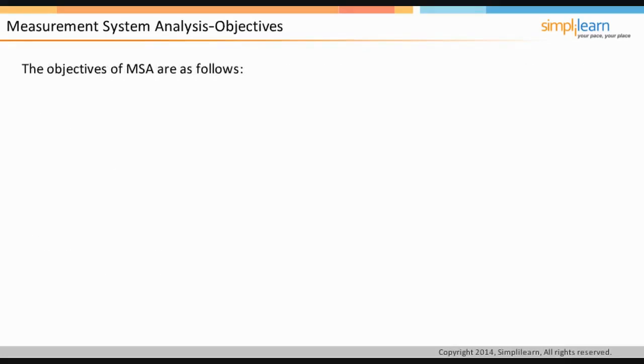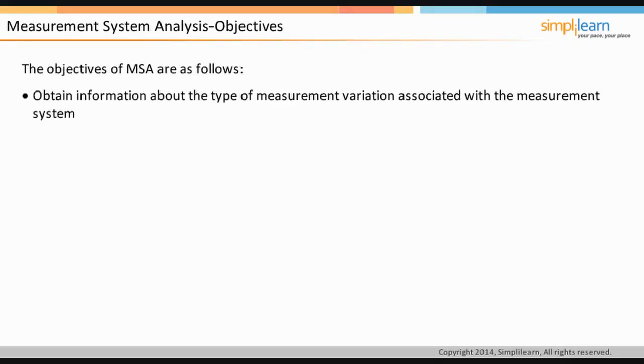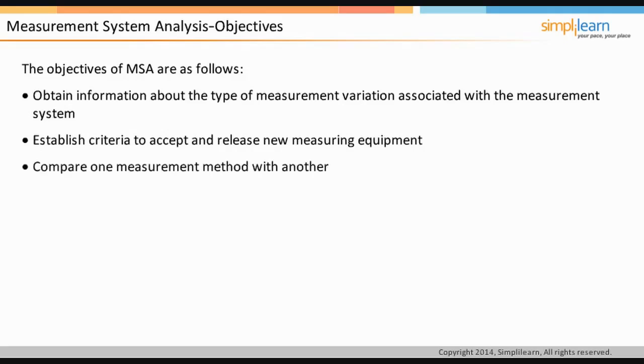A primary objective of MSA is to obtain information about the type of measurement variation associated with the measurement system. It is also used to establish criteria to accept and release new measuring equipment. MSA also compares one measuring method against another. It helps to form a basis for evaluating a method which is suspected of being deficient.